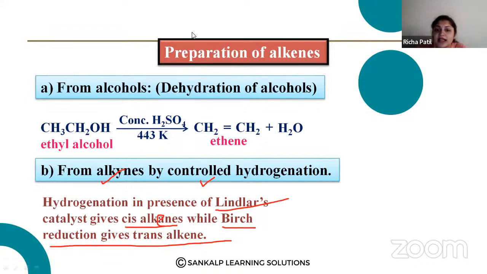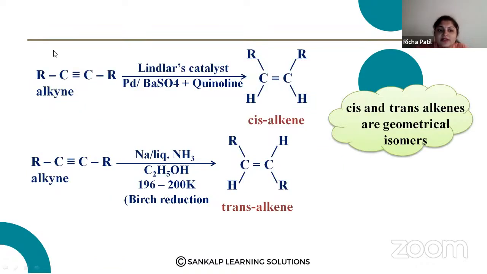Now, what is this cis and trans? We'll see. Here, you have taken an alkyne, with a triple bond. In the presence of Lindlar's catalyst, which is palladium on barium sulfate plus quinoline, it gives you cis alkene. So what is cis alkene?